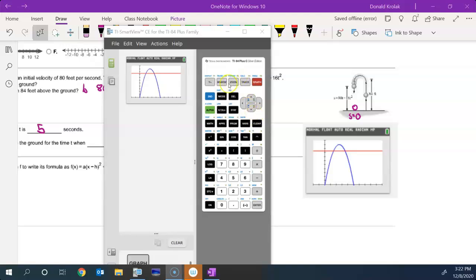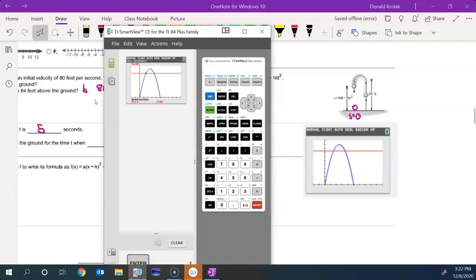All right, so I'm going to go second, calculate, and I want to find the intersection of the blue curve, so it's on the curve, hit enter, the red line, enter, and I want to find this first intersection over here.